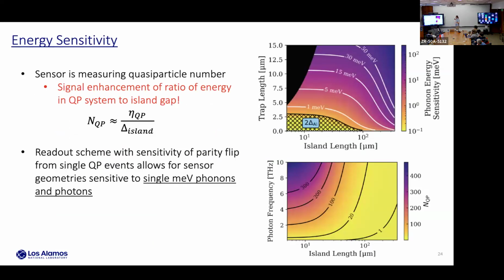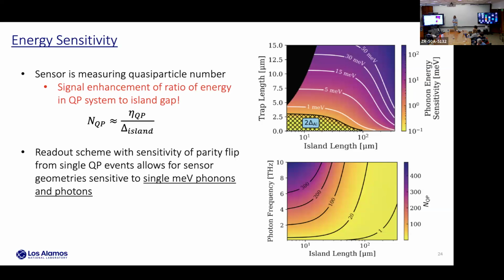So just to wrap it all up to the punchline here, happy to talk all the details of this in backup slides, but I'm skipping them for time here. The reason that this is worth pursuing is that in a transition edge sensor version of this, you're sensitive to this parameter right here, which is the total energy that got put into the quasi-particle system of your detector.